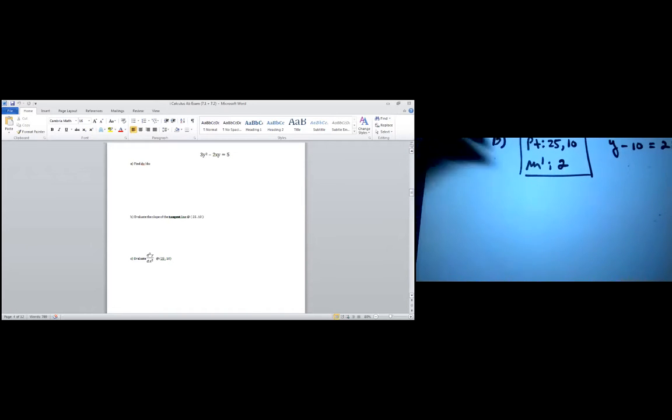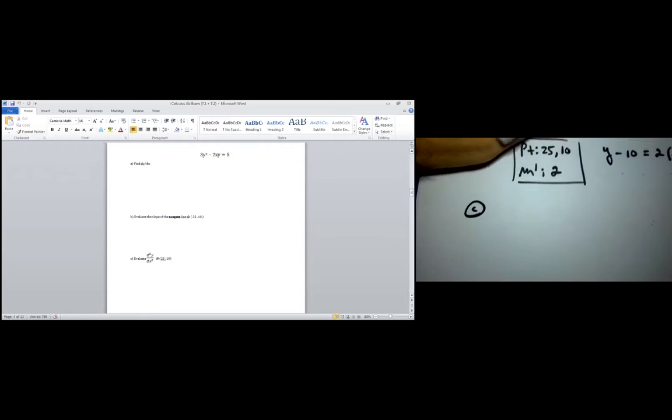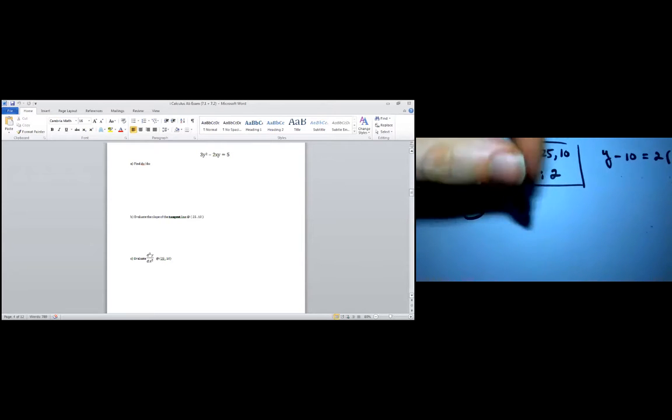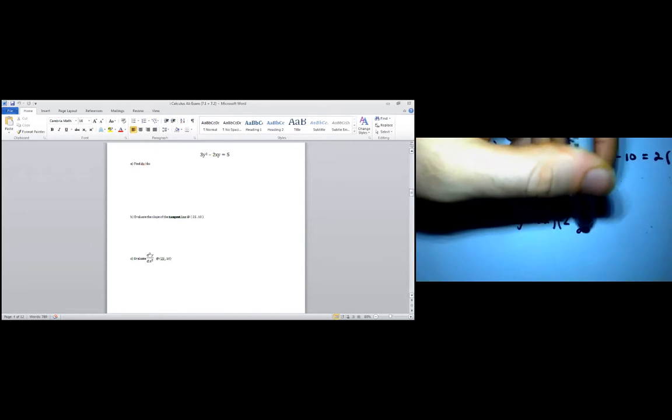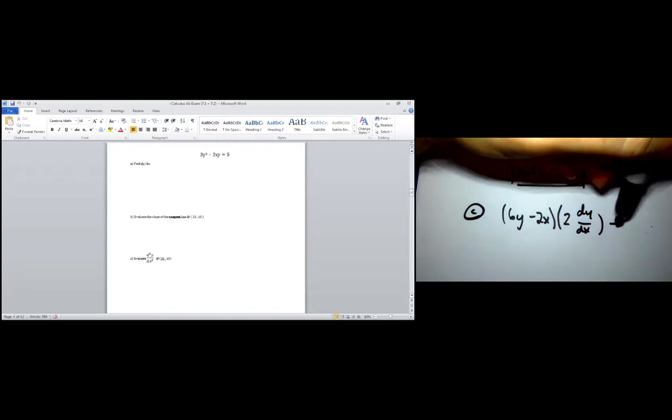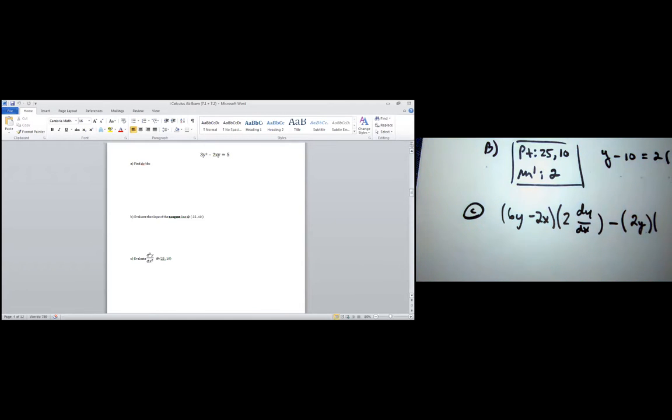And that takes me to part C. Okay, what are we being asked to find? We're being asked to find a second derivative, which means we want to take the derivative of the derivative. So it's going to be bottom times the derivative of the top, which is 2 dy/dx, minus the top times the derivative of the bottom.